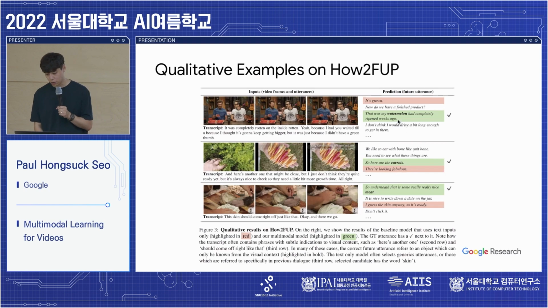By checking the watermelon, we can know that this is the ground truth utterance. But this watermelon is not available in the text input. In the transcript there is no clue related to the watermelon, but the visual frames clearly contain it. So our multimodal model could capture this information from the visual inputs and correctly predict the ground truth next occurrence.